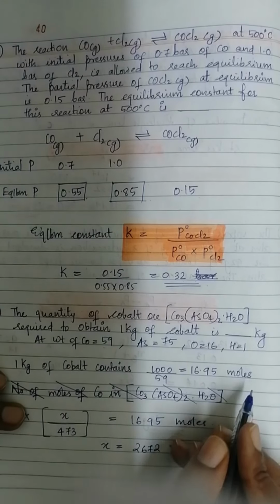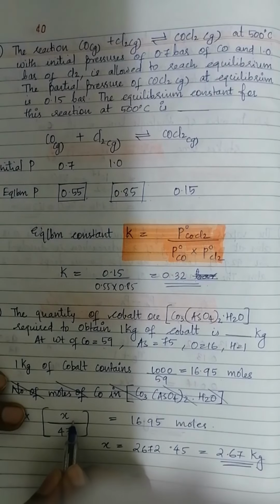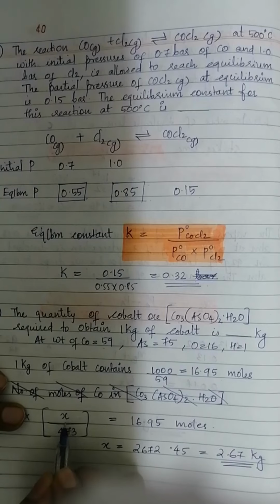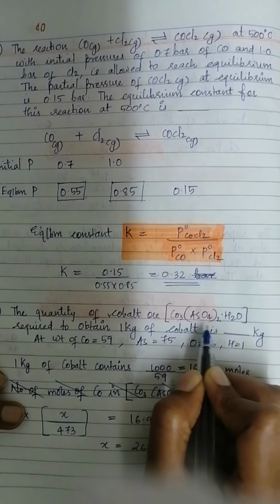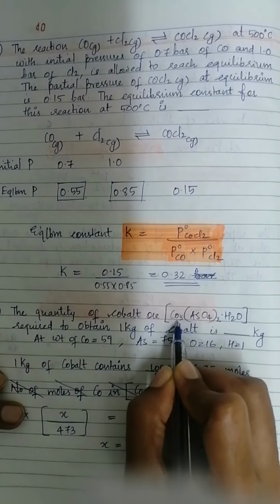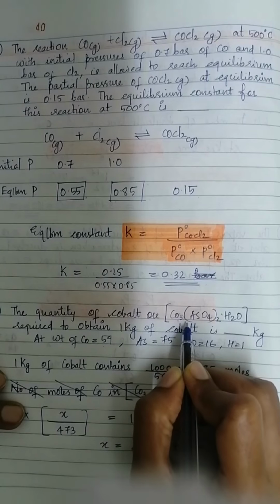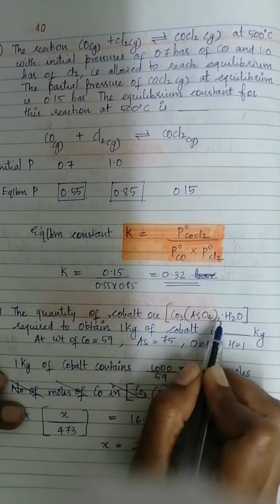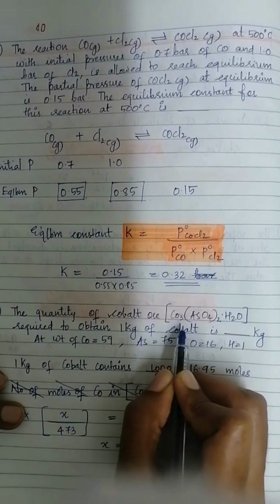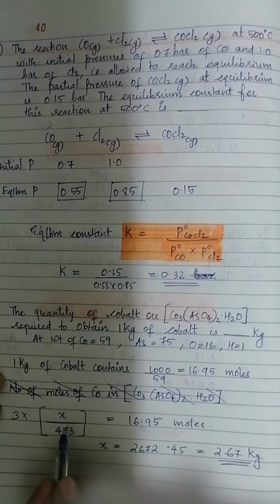So the mass in gram, which we have to find, divided by the total molecular mass, 473, will give you the number of moles of the cobalt ore. Now we have mentioned that 1 mole of cobalt ore consists of 3 cobalt atoms. So the number of moles of cobalt will be 3 into x by 473.